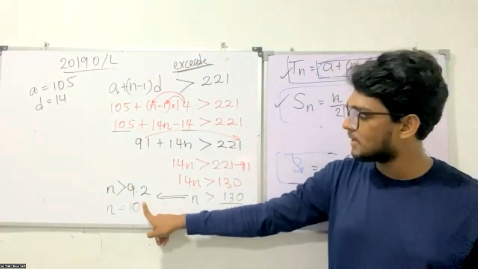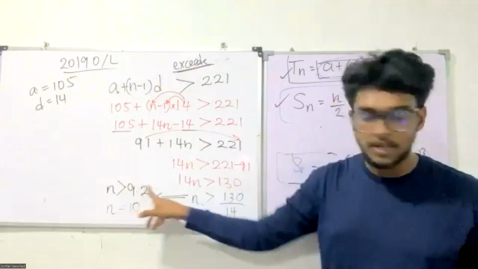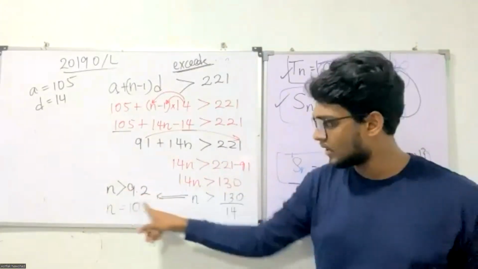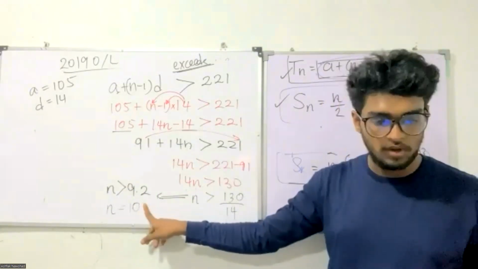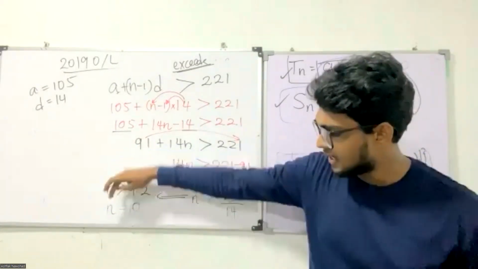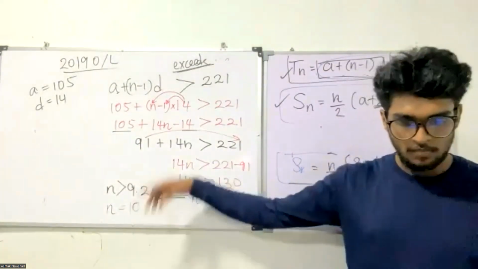So it definitely must be 10, the next integer. This cannot be 9. If we round this off, this is 9, but that's not exactly rounding off. This cannot be 9 because it's something greater than 9.2. So it must be 10.